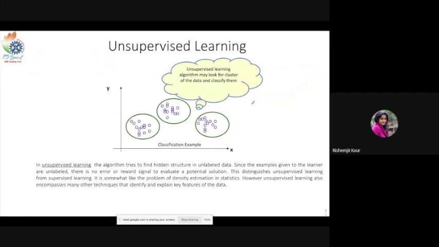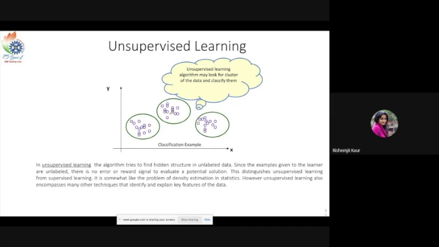Now coming to the unsupervised part of it. In unsupervised learning, as I said, we have a certain data set, right? We have certain points. Our objective is, can we find out what the hidden structure in that data set is? Now you will see we do not have any output label.